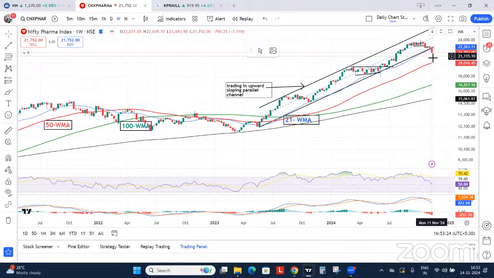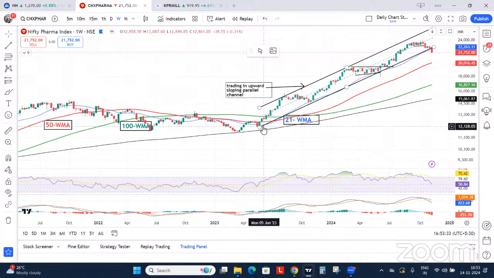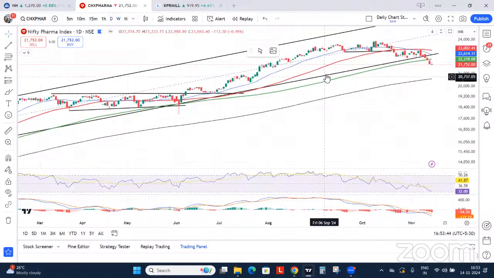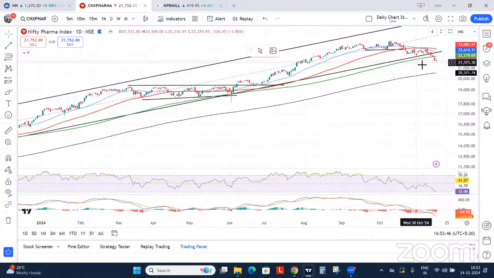This is the first week where it has fallen out of the channel pattern, closing below the upward sloping parallel channel that had been forming since May 2023. So almost a 1-year parallel channel has been broken to the downside this week. Right now it's showing weakness and trading below the 100 DMA as well.